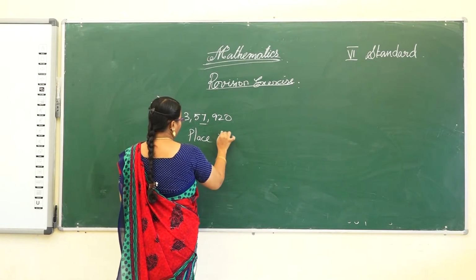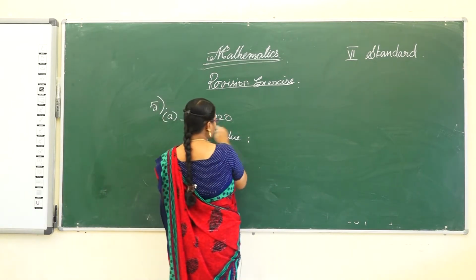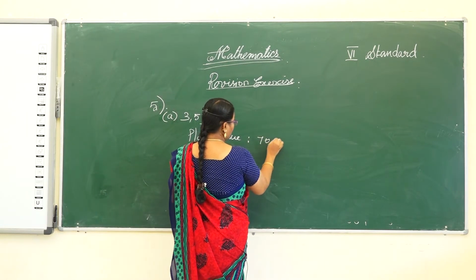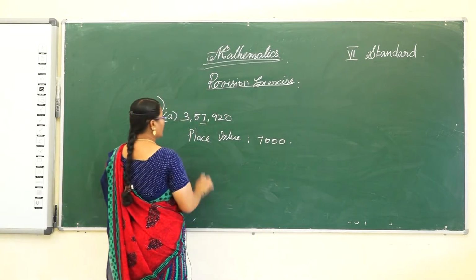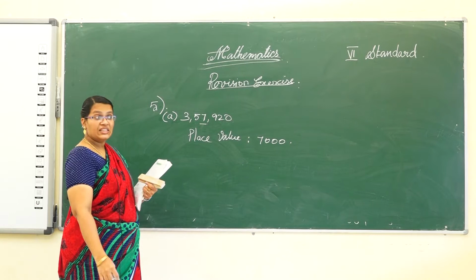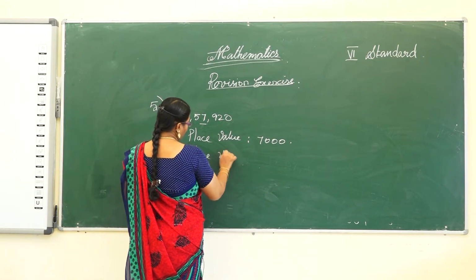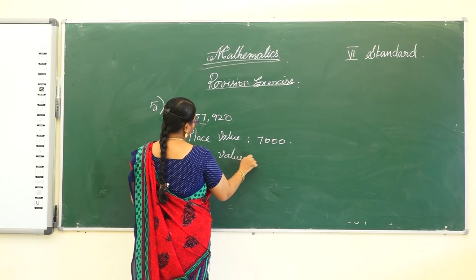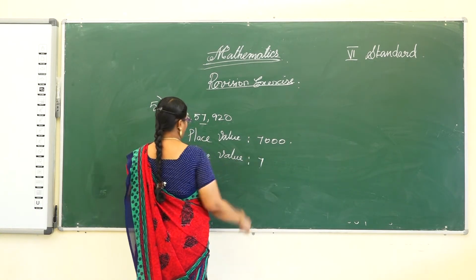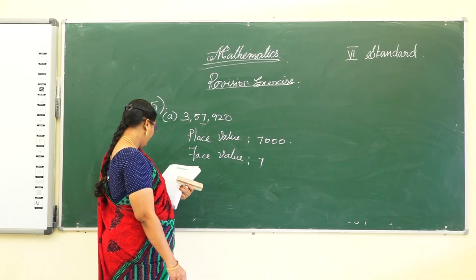Place value of 7 is 7,000. Ones, tens, hundreds, thousands, so 7,000. And next, face value. Face value is 7. So the remaining problem is homework.